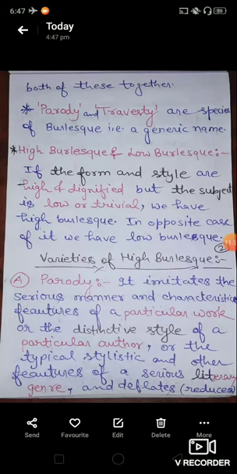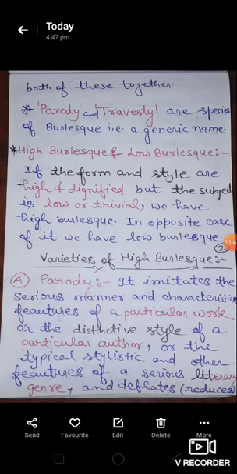So the style is high and dignified, but the subject matter is low or trivial. We have high burlesque. Clear? Means style and form are dignified, but the subject matter that we'll have to deal through that style is low or trivial. Then we have high burlesque.